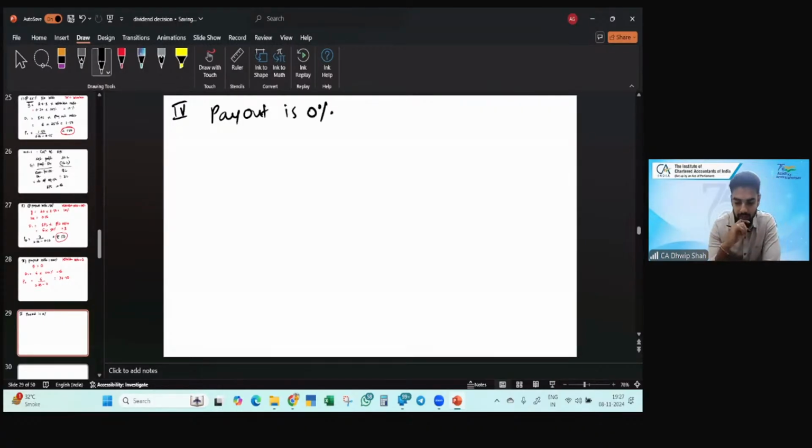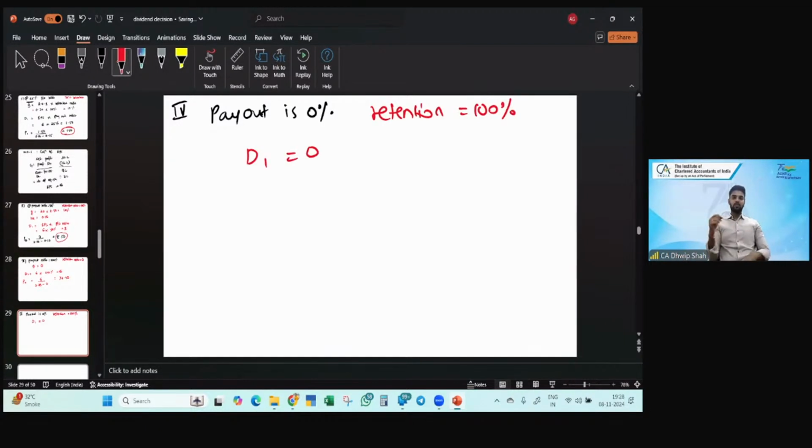And the additional scenario that I have given from my side is when the payout ratio is 0%. Can I say retention would be 100%? Yes or no? And if the payout ratio is 0%, can I say my D1 would be 0 in this case? Because the entire earnings of 6 is being retained by the company. Dividend is 0. So if the numerator is 0, the price would be 0.